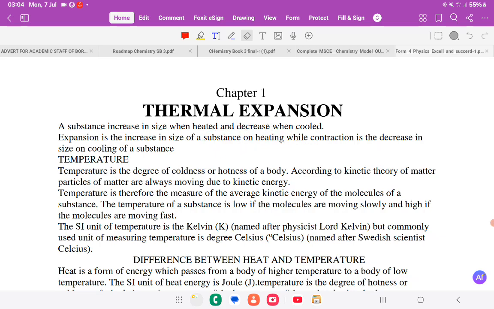Think about a metal, for example. Suppose you have a metal bar being heated at some point. Initially, the metal will have a certain length, call this length L. After some time, there's going to be a small change in length.